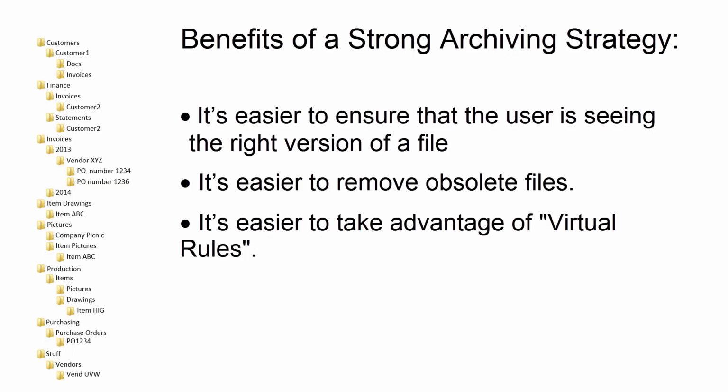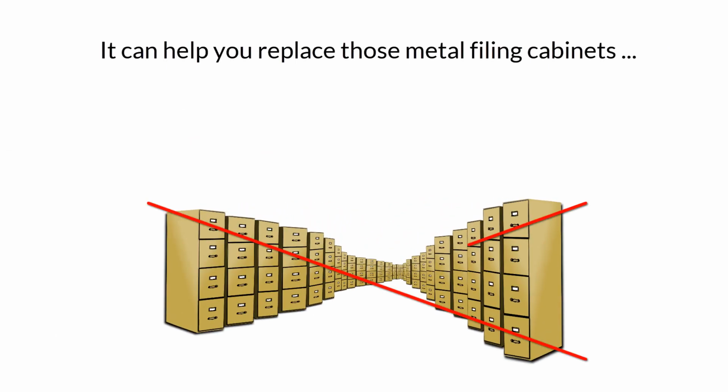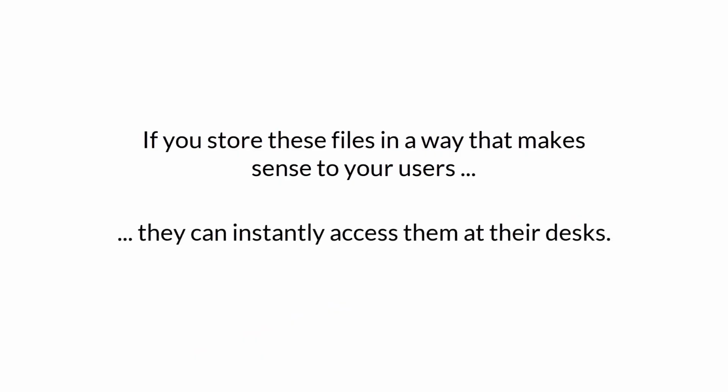But perhaps the most valuable benefit of all is that it can help you replace all of those rows of metal filing cabinets with your very own electronic filing cabinet. If you store these important digital files in a way that makes sense to your users, they can instantly access them at their desks. There's no going to the file room and searching through a bunch of file cabinets.